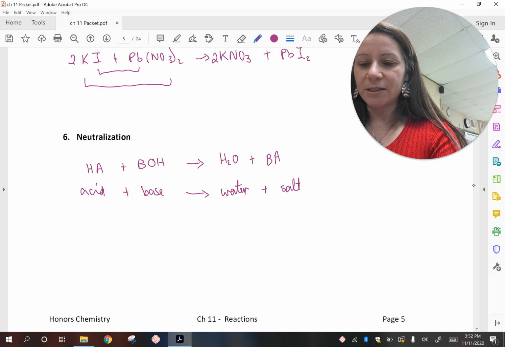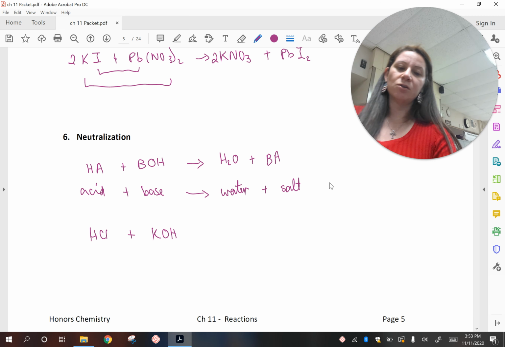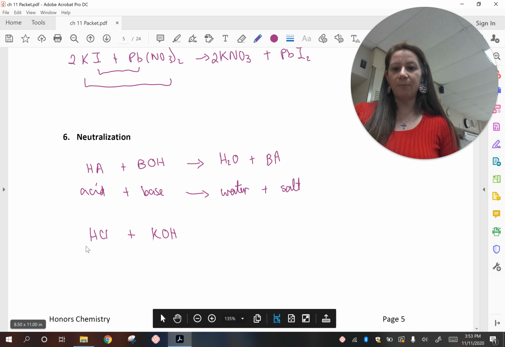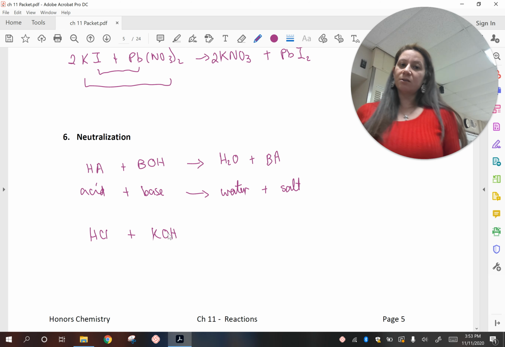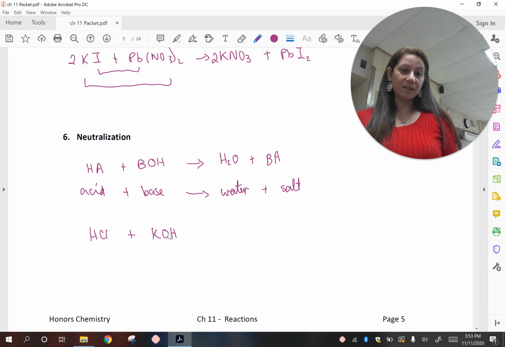So for example, let's say you have HCl and KOH. We know that HCl is an acid because it starts with an H. We know that KOH is a base because it ends with OH. So this is a double replacement. And so we are going to do it the same way.